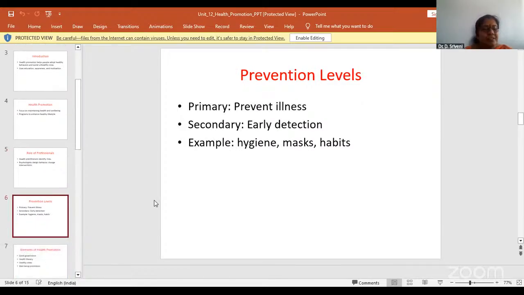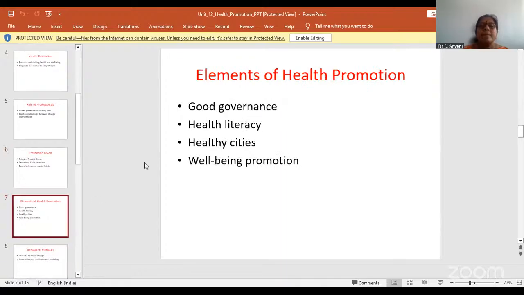And prevention measures, which include elements of health promotion, which covers good governance, health literacy, and healthy sites and well-being promotion.